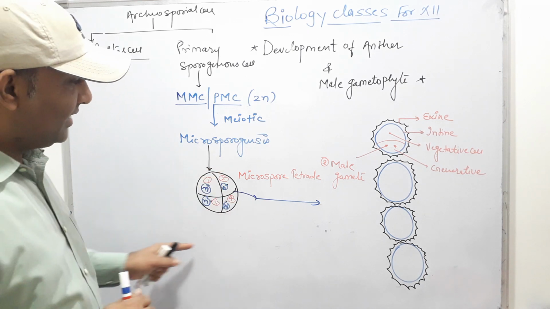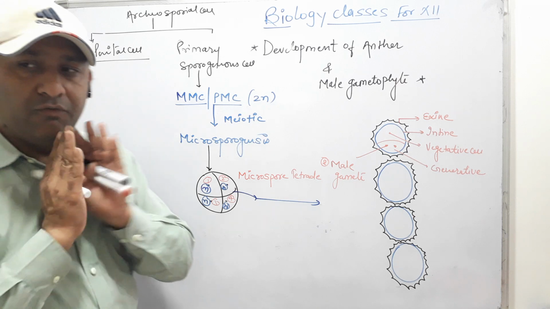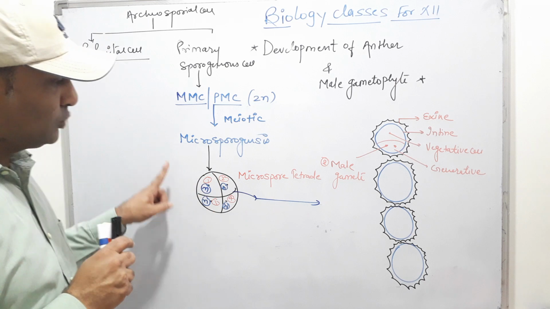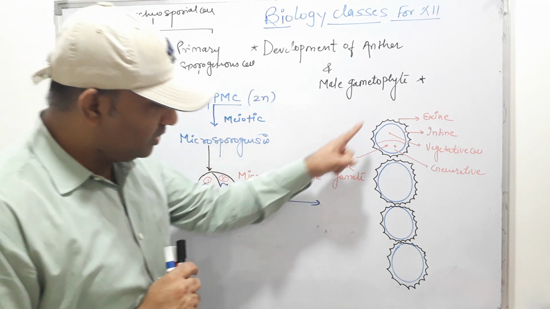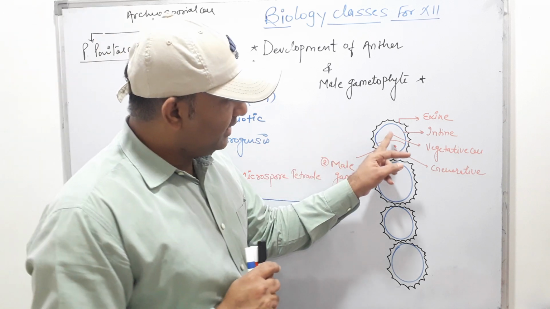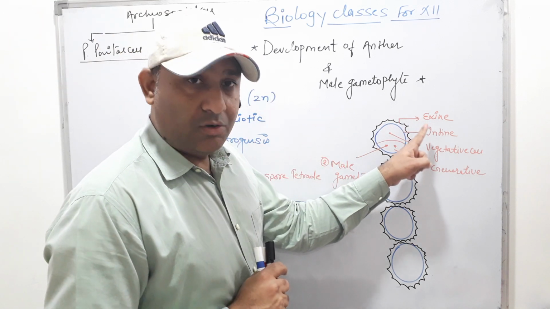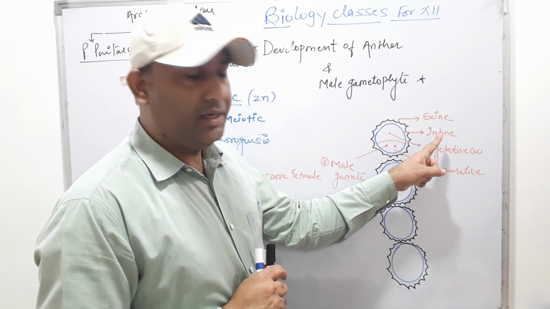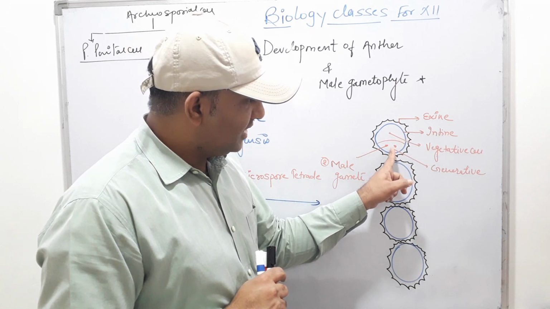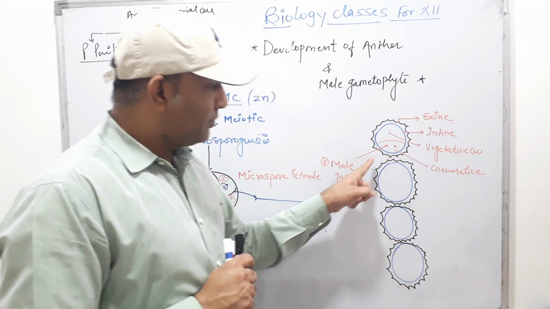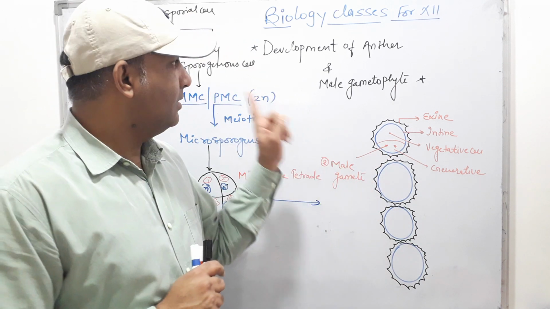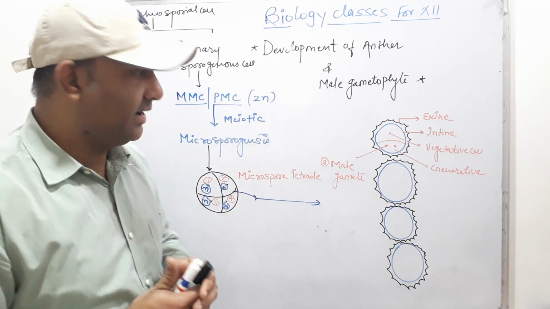So a microspore tetrad means the joining of 4 microspores. After dissociation of the membrane among the microspore tetrad, it develops into 4 mature pollen grains. Each pollen grain consists of the exine, the outer membrane made of sporopollenin, the intine, then 2 cells, the vegetative and generative cell, and the generative cell produces 2 male gametes. So that is the development of male gametophyte.